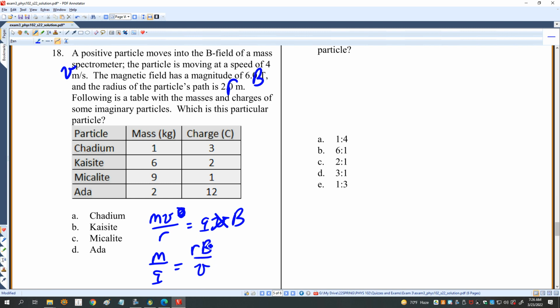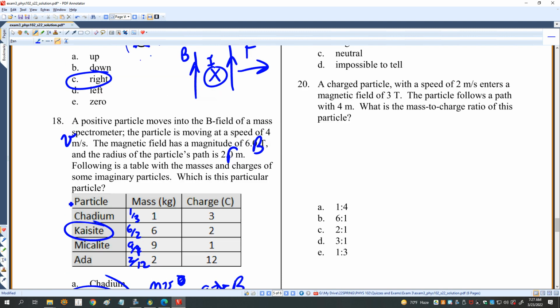You have something similar to this on your equation sheet. So r is 2, B is 6, divided by 4. So I have a mass to charge ratio of 3. The choices have mass to charge ratios of 1 to 3, 6 to 2, 9 to 1, 2 to 12. So the only one is the third option.